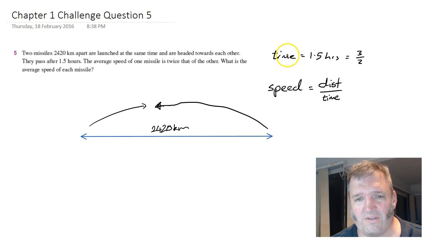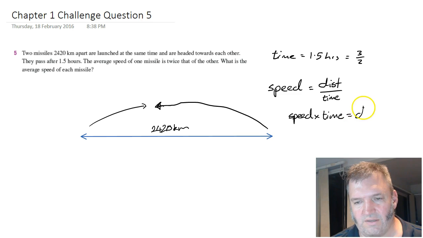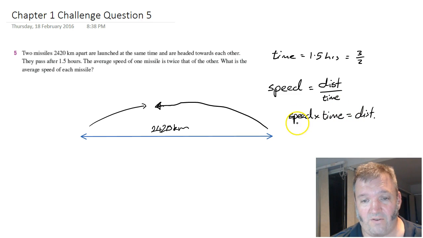But what I have a fixed amount for is the distance, 2,420 kilometres. So if I want to express this in terms of distance, it's speed times time is equal to distance. You can see I've just rearranged the equation there, multiplying each side by time. That's what I'm going to use.